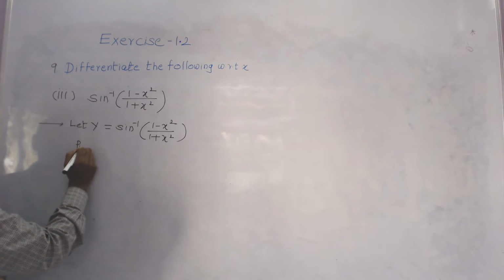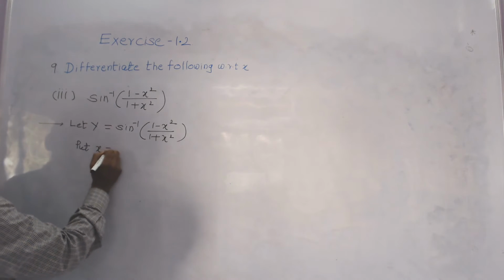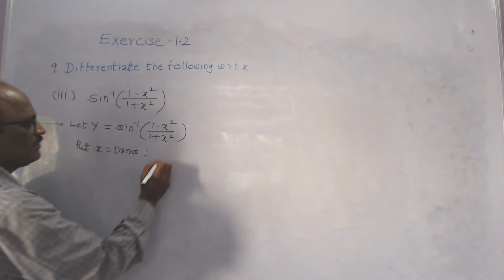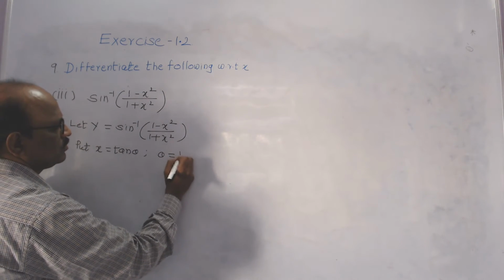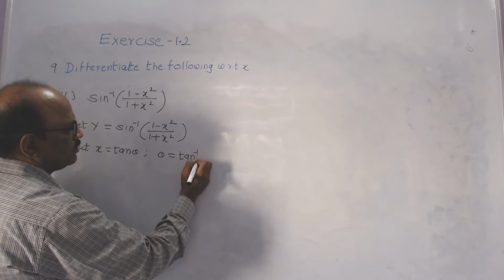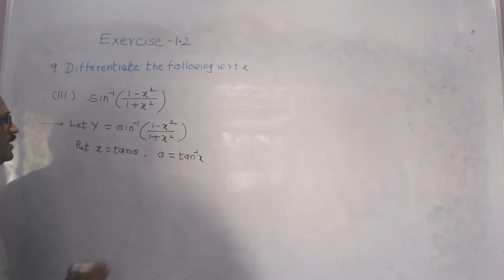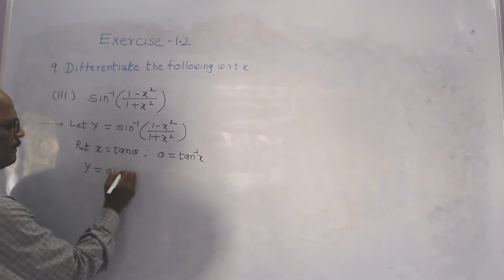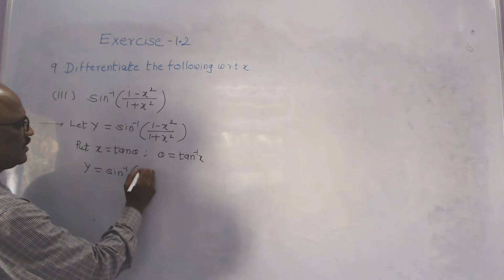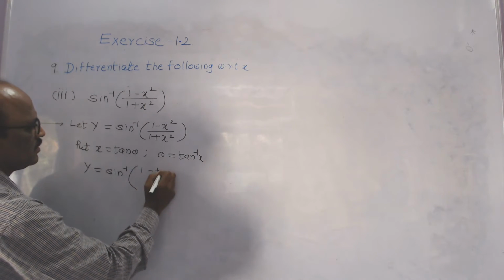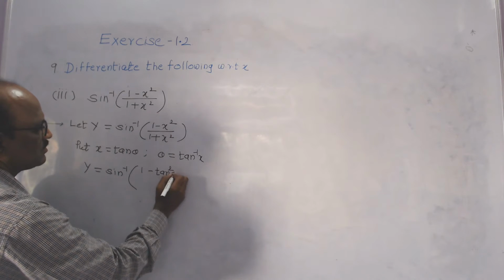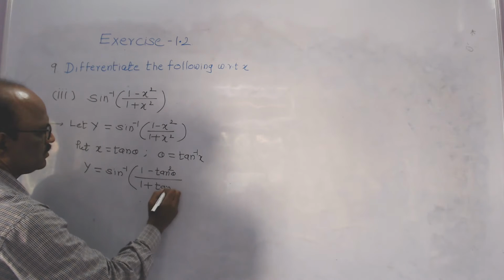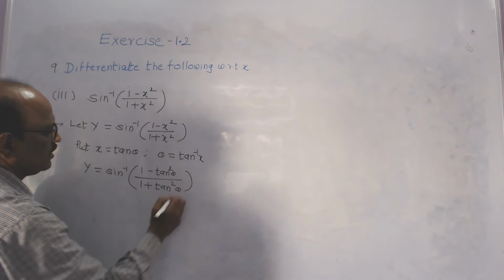Put x equals tan theta, and therefore theta equals tan inverse of x, and therefore you will have sine inverse of (1 minus tan square theta) upon (1 plus tan square theta). Again the same result.